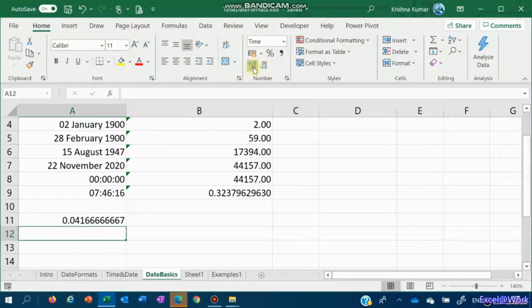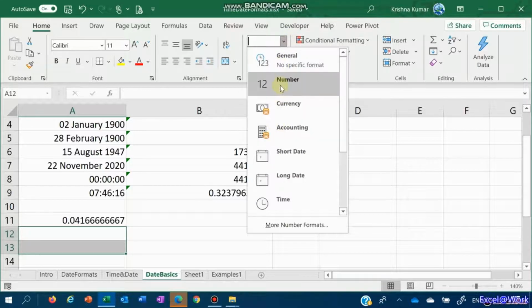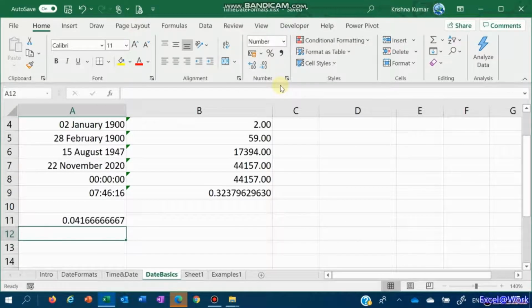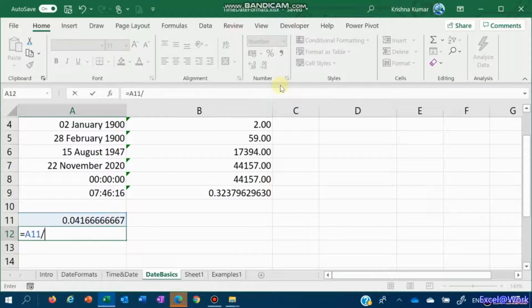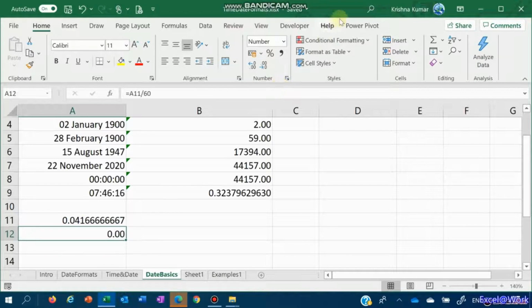So a minute is 1 hour divided by 60. I'll format all this in terms of number. 1 hour divided by 60 gives me the number of minutes, that is 1/1440, the fraction in terms of day. 1 minute consists of 0.000694.